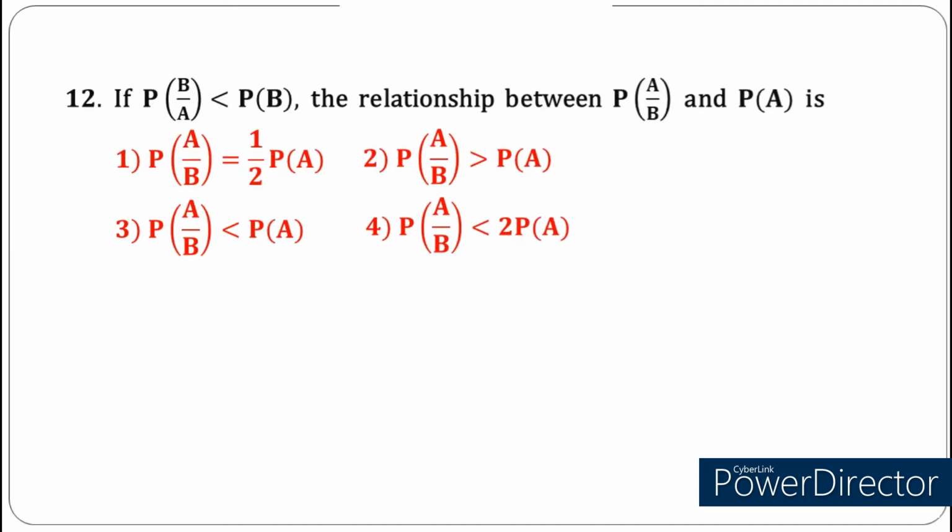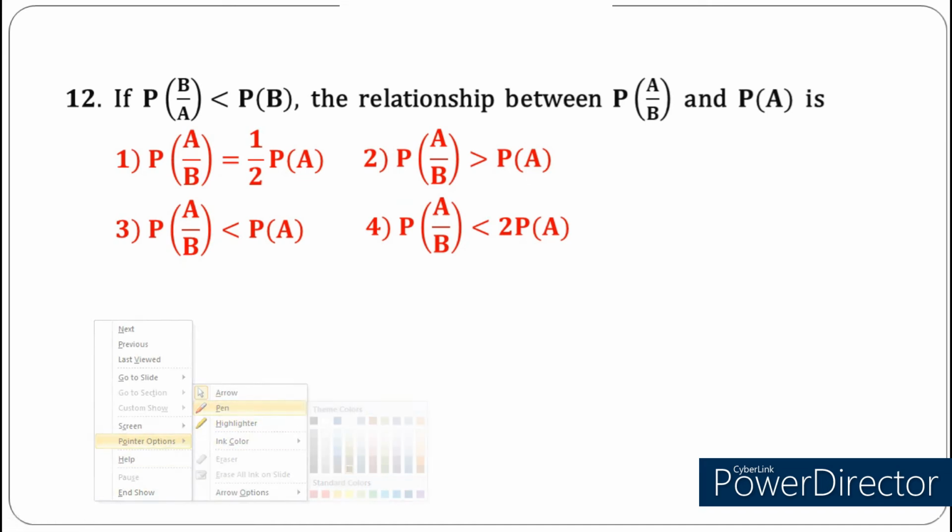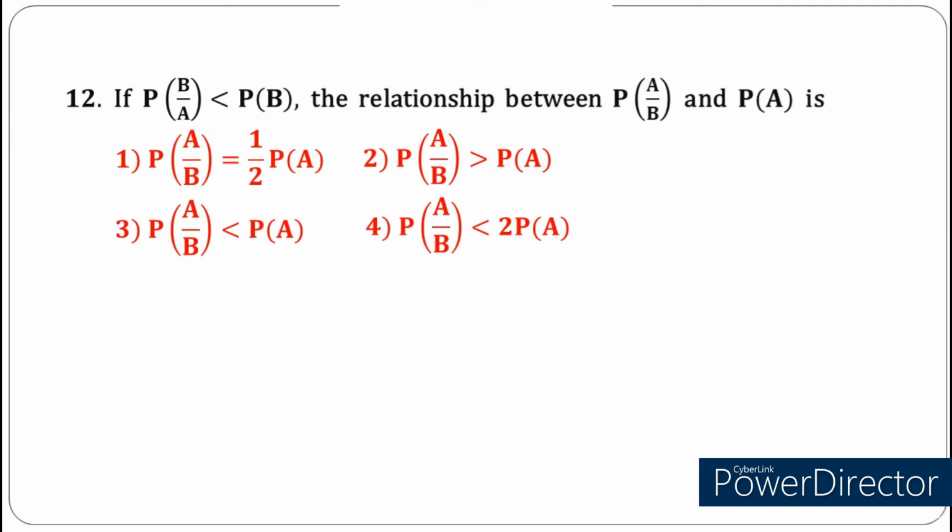Let's look into the 12th question now. Okay, now see here what they have given. If P of B bar A is less than P of B, they have given. The relationship between P of A bar B and P of A is. Now see here, what is P of A bar B?